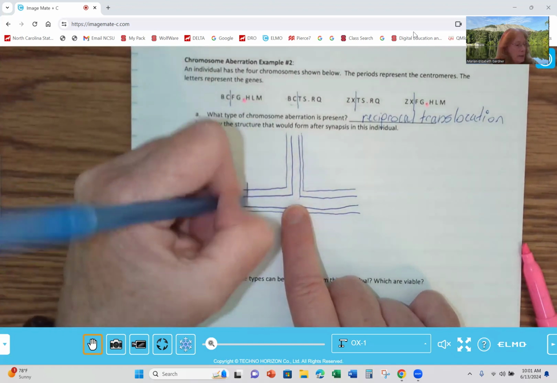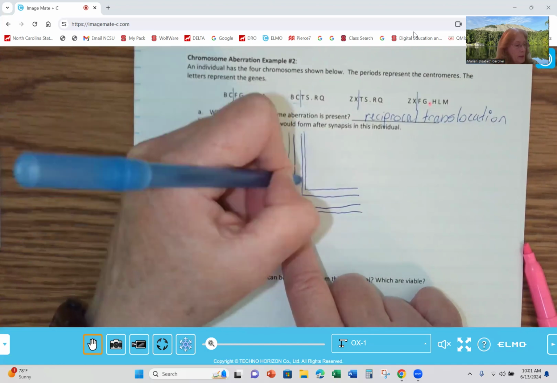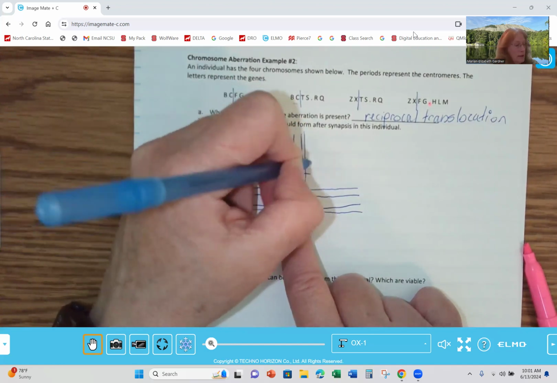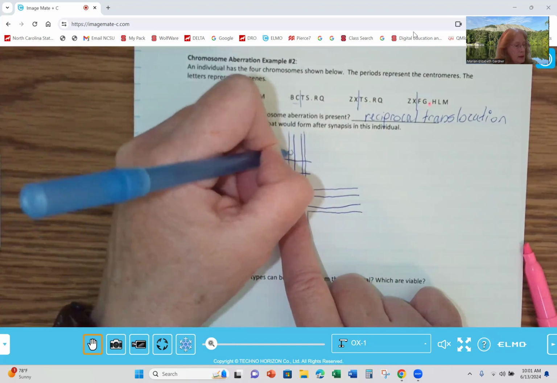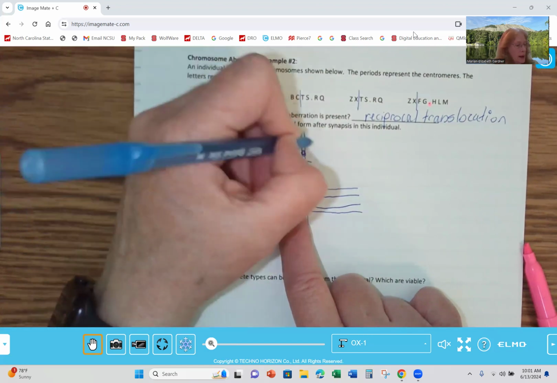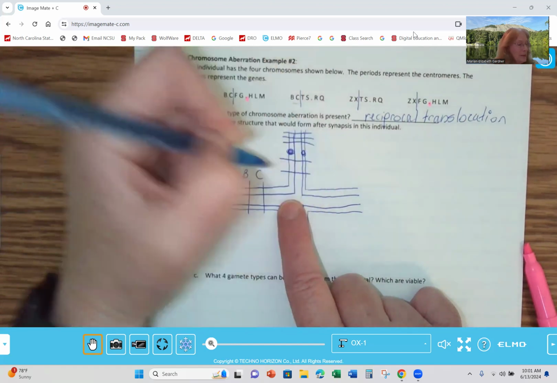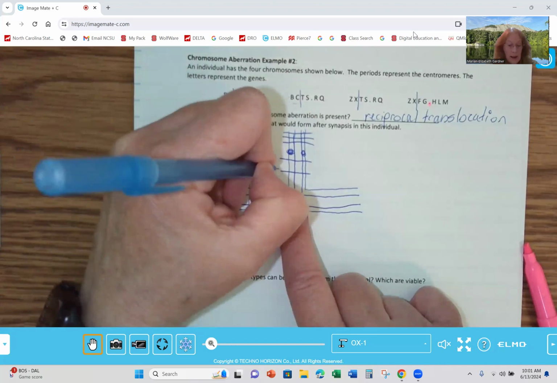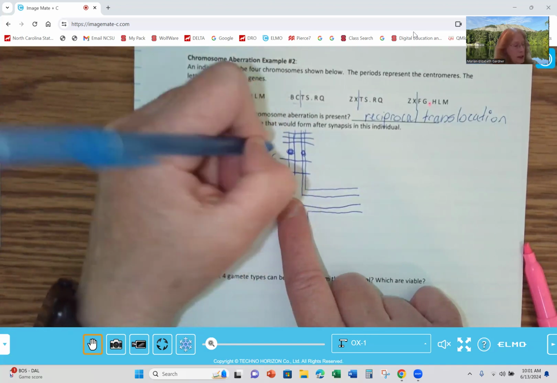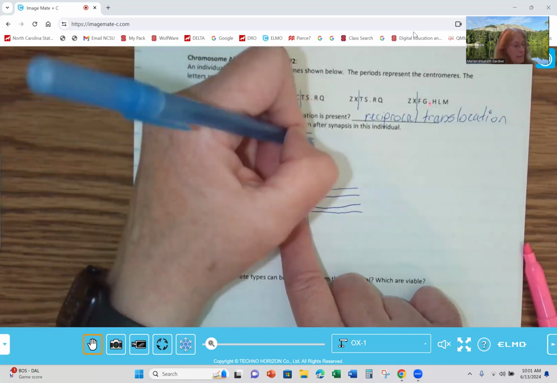So I can go B, C, break, F, G, centromere, H, L, M. Almost ran out of room. So let's see, F, G, H, L, M.